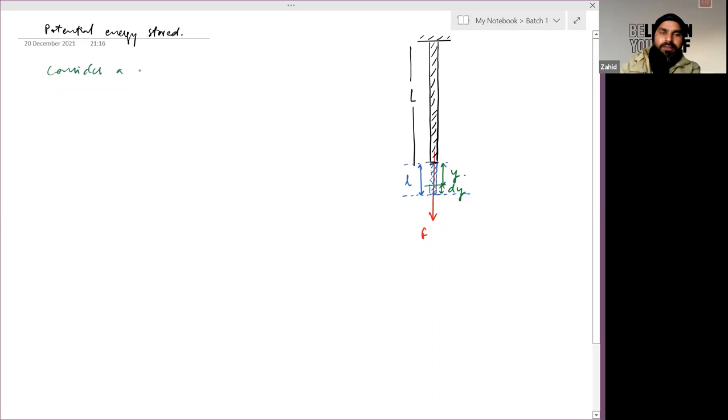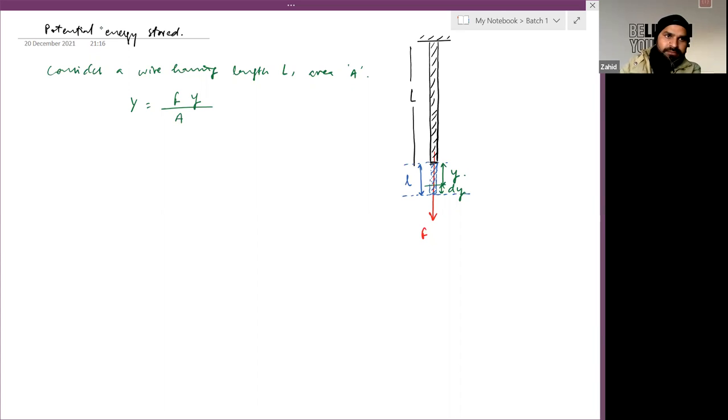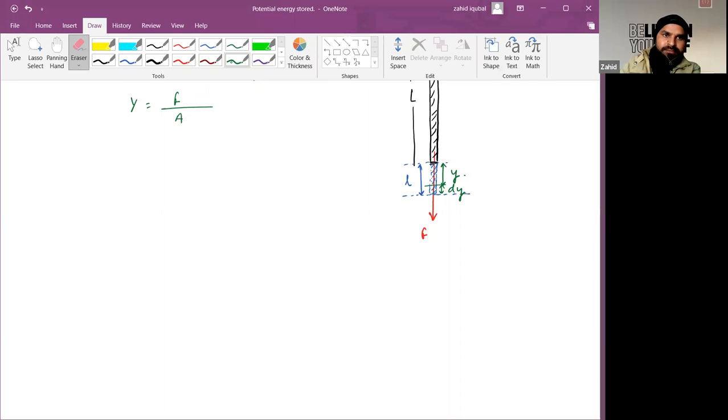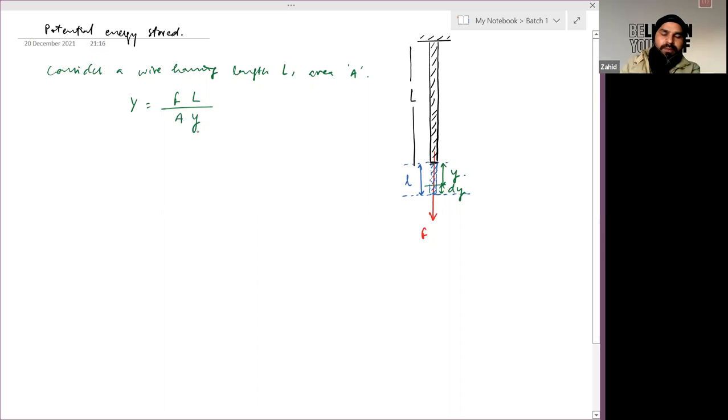Consider a wire having length L, area A. According to Young's modulus, Y equals force times length divided by area of cross section times extension y.